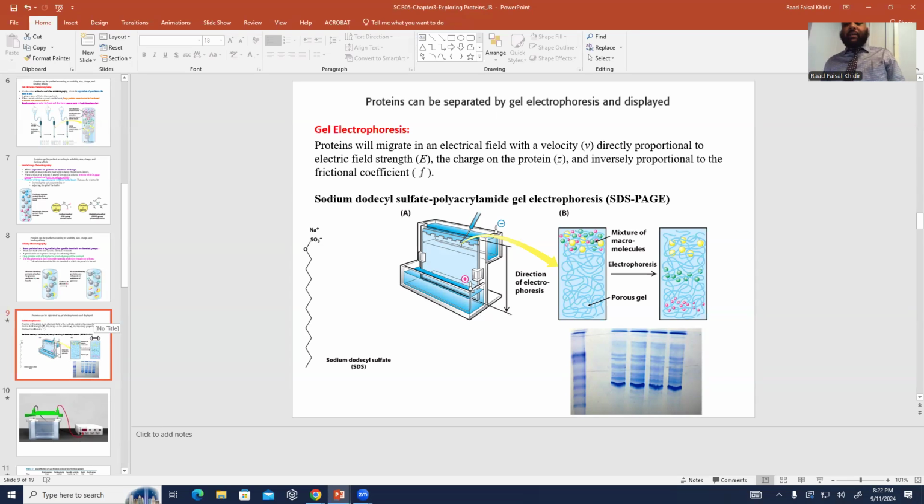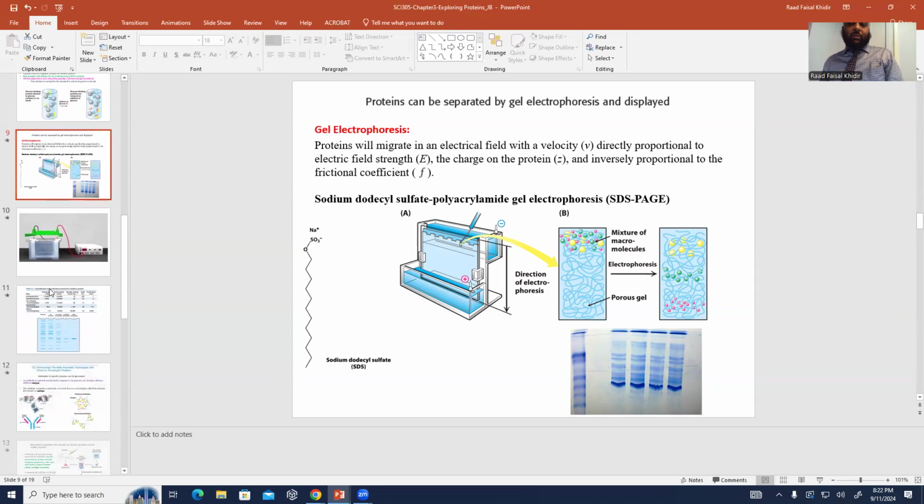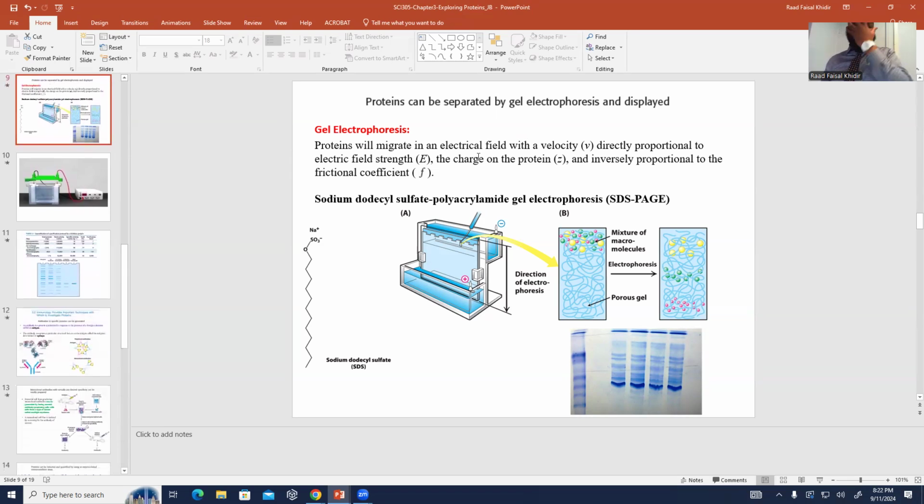The charge, the size, and all the different ways. So in gel electrophoresis proteins migrate in an electrical field with a velocity. You see now they're moving. The slower ones will stay behind, and the faster ones will move.